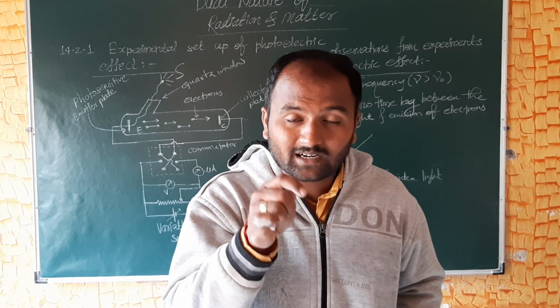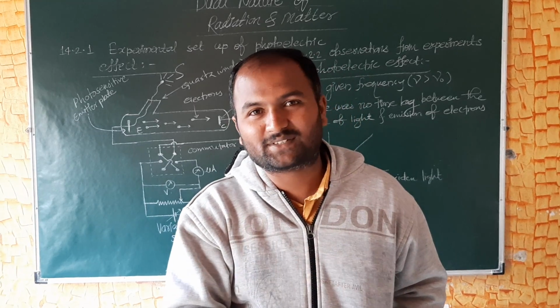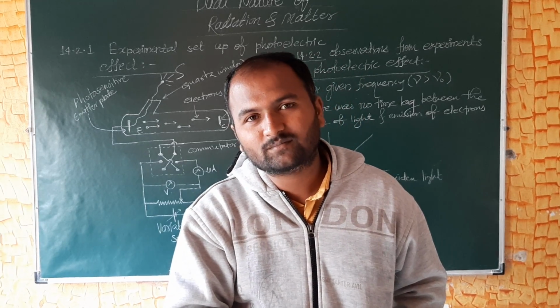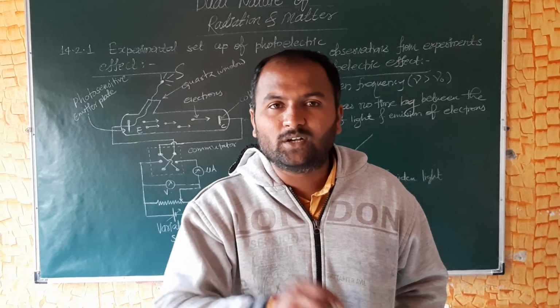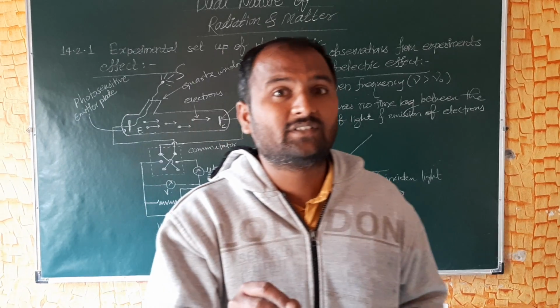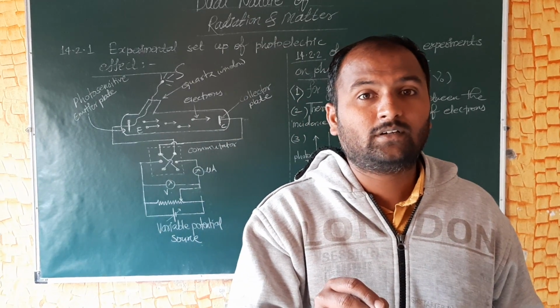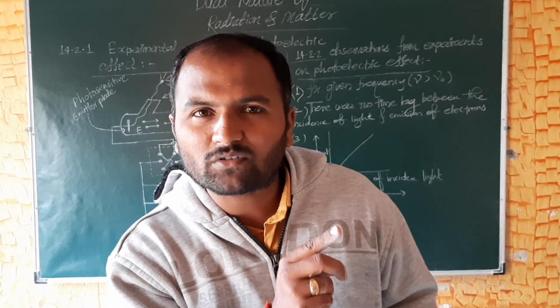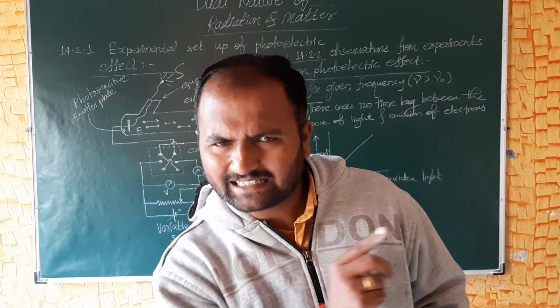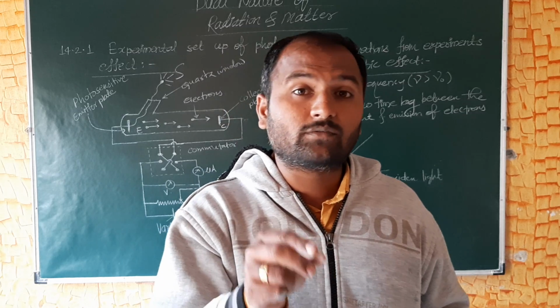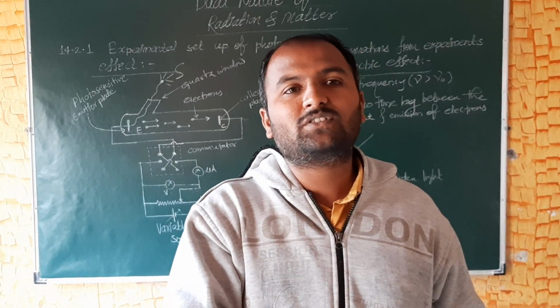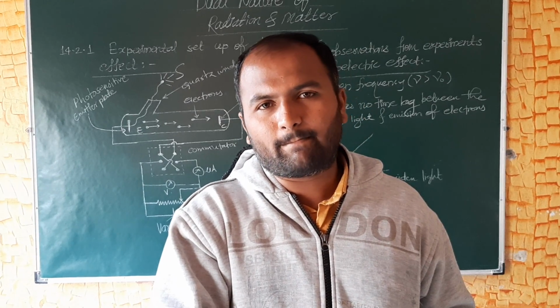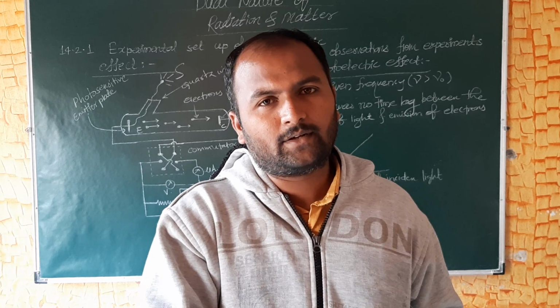Here the question arises: what is the threshold frequency? Threshold frequency is the frequency due to which the electrons come out, that is, are ejected from the metal surface. But if the frequency is less than the threshold frequency, they do not come out.